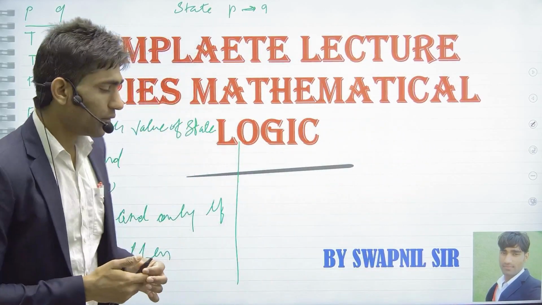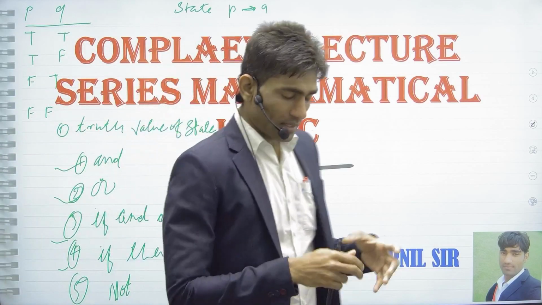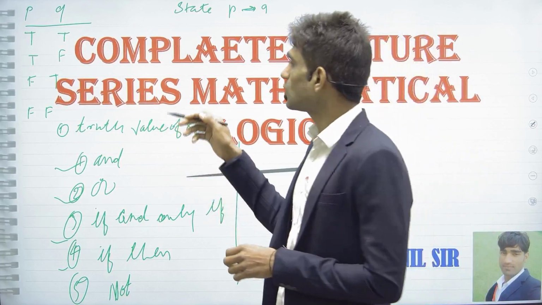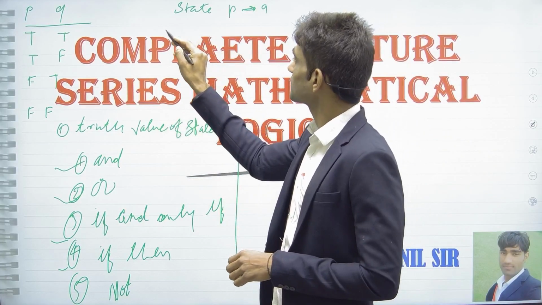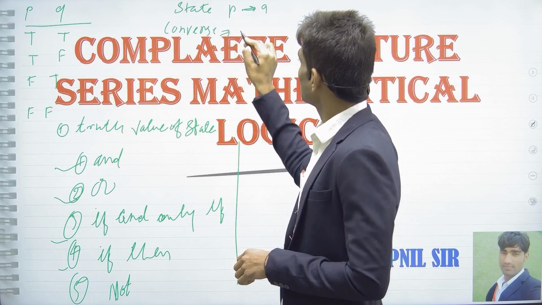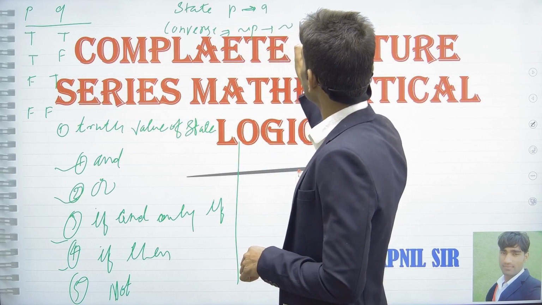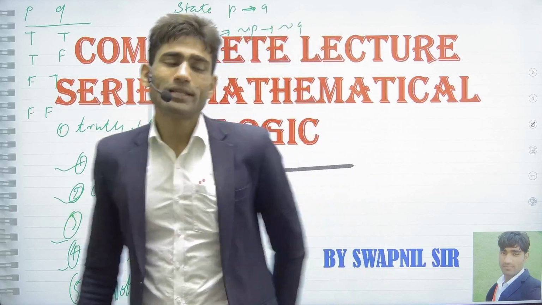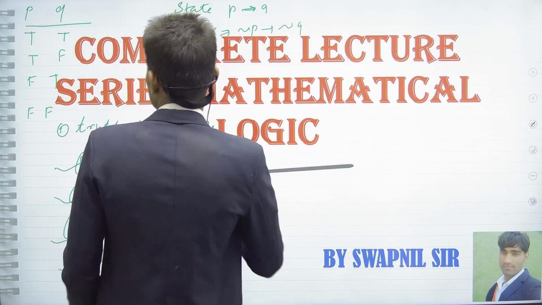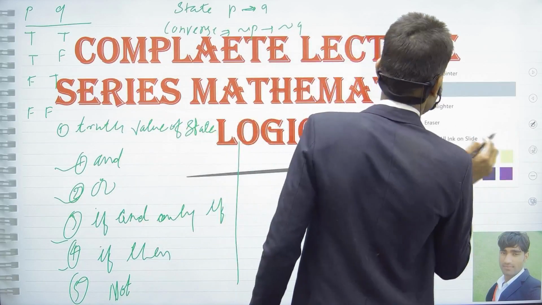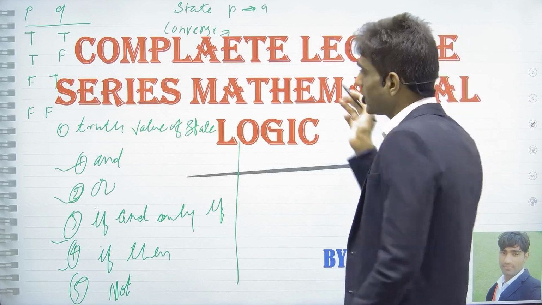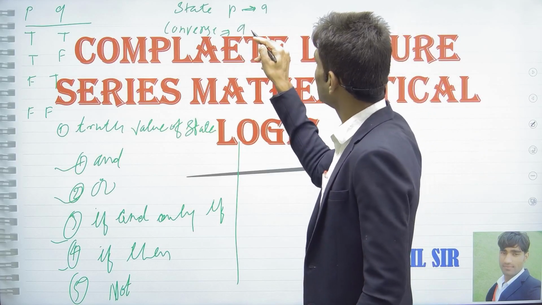If the statement pattern is P implies Q, then for the converse we take the written part from the next statement to the first statement.